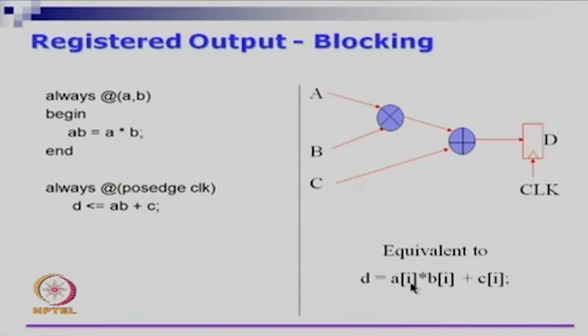So at time I, whatever A, B and C, if they are all kept stable, then it takes those inputs A and B, multiplies, adds it with C, and that will go as input of this flip flop here. When the next clock pulse comes in, it will go into the register. So the hardware inferred is essentially this.